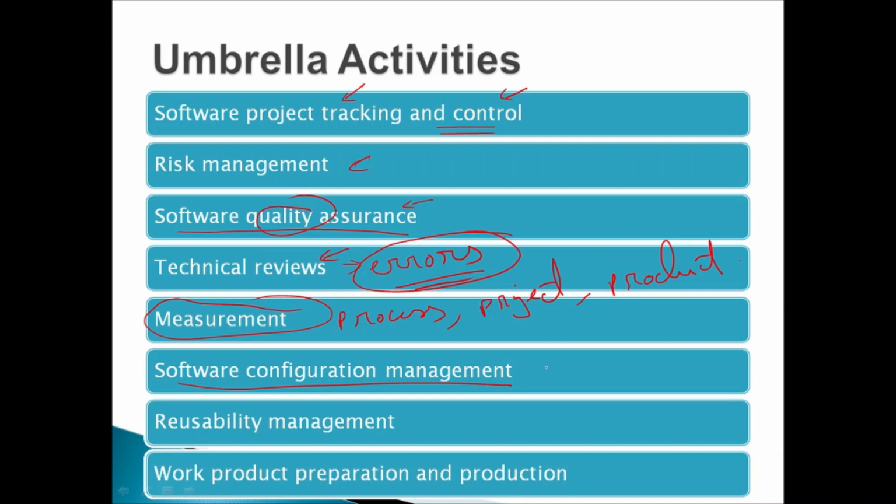So it manages the effects of change throughout the software process. So the effect of change is taken care of by this activity, software configuration management. Reusability management. So it defines the criteria for work product reuse. Next, work product preparation and production.